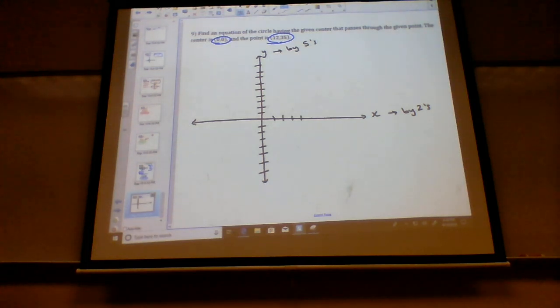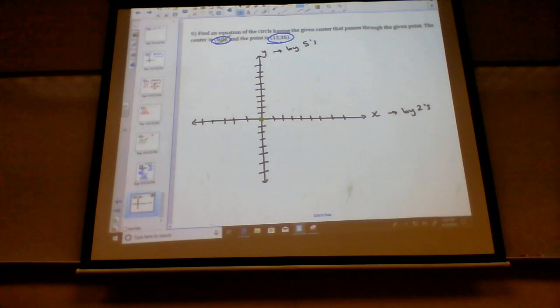Remember that this graph is in no way going into the computer. It's just going on your paper so that you can obtain the radius, which will enable you to obtain the correct equation. So remember, after we draw our graph, we start by plotting our center point, 0, 0. Then we're going to do our extra point, which is 12, 35.